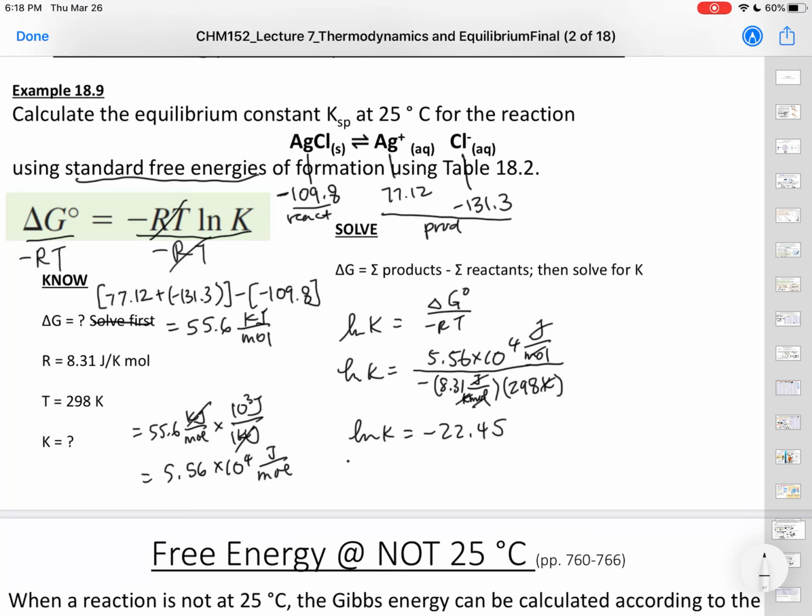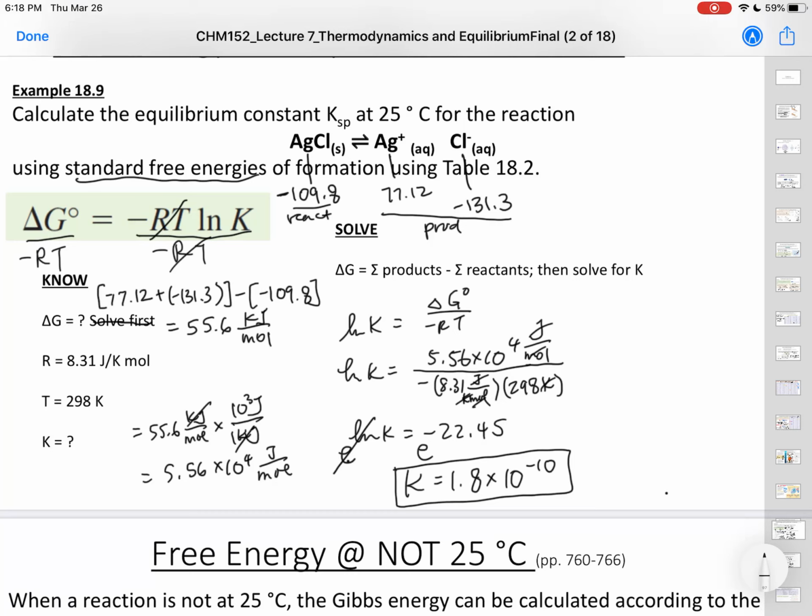And so ln of K is equal to minus 22.45. We're going to raise it to e on both sides so that the ln's cancel out. So K is equal to 1.8 times 10 to the minus 10.